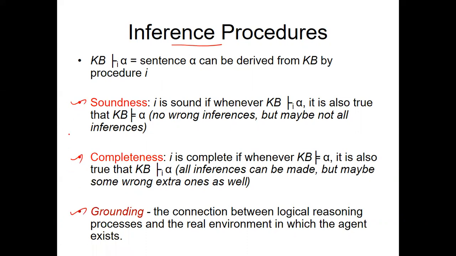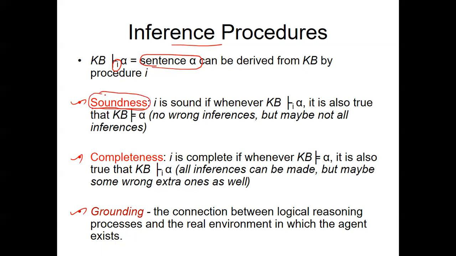Based on these three parameters, we can identify how good this inference algorithm is. The first property is soundness. What is soundness? Don't read this, just try to understand. Soundness means whatever sentences this inference algorithm derives, all those sentences are true. In that case, the algorithm will be called sound.